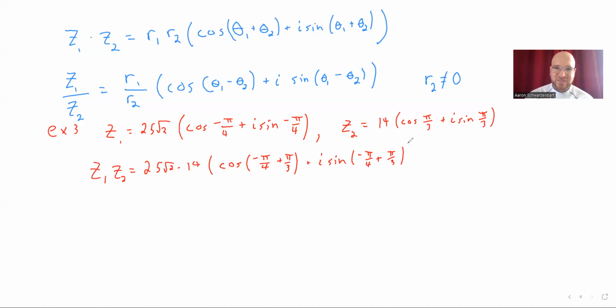I'm going to show the fraction addition on the side here. So negative pi over 4 is negative 3 pi over 12. Common denominator is 12. Pi over 3 is 4 pi over 12, so that is pi over 12. My numbers in front, 25 times 14 is 350.